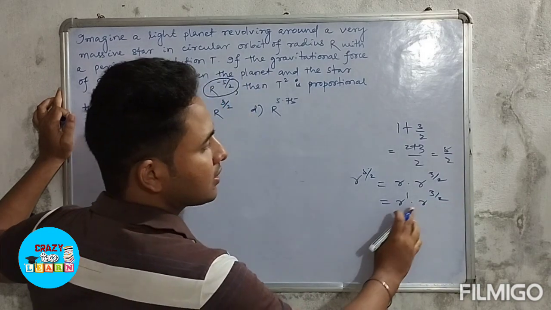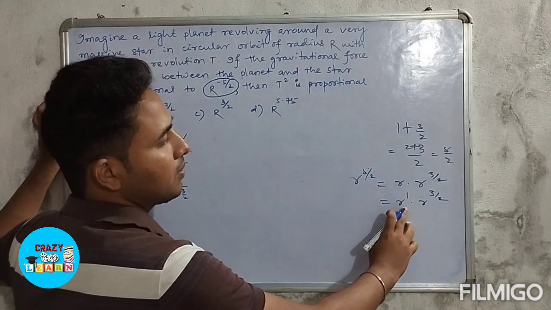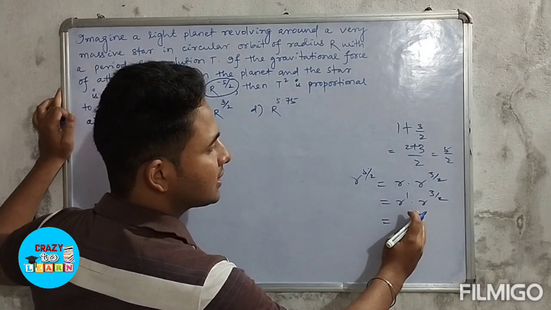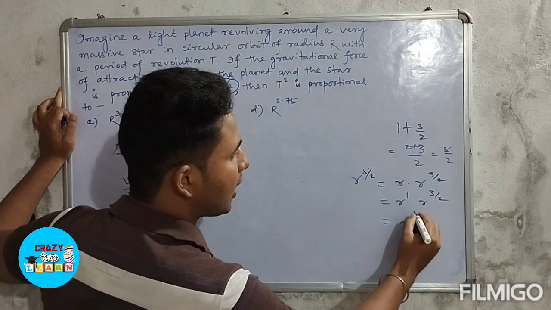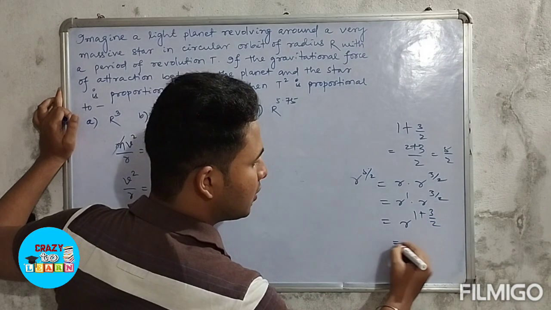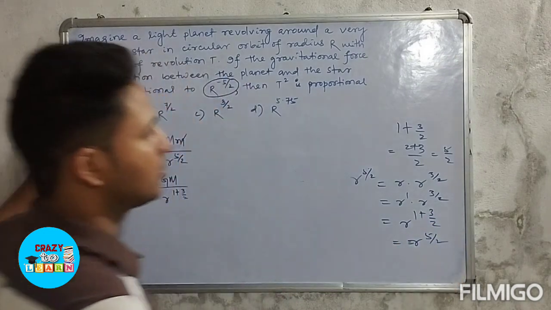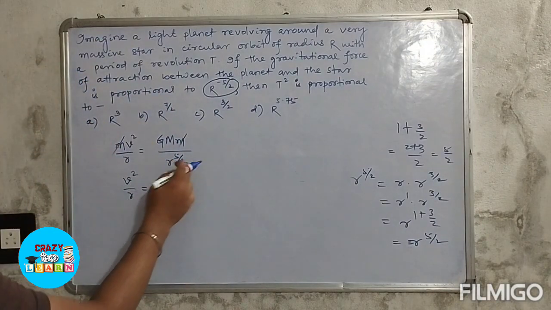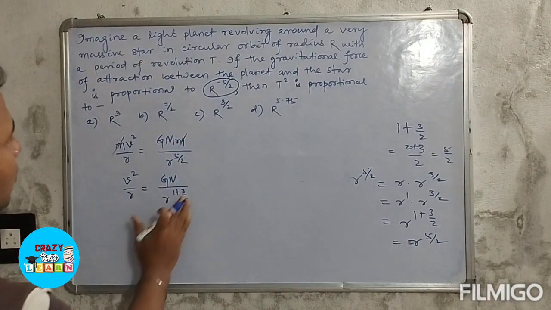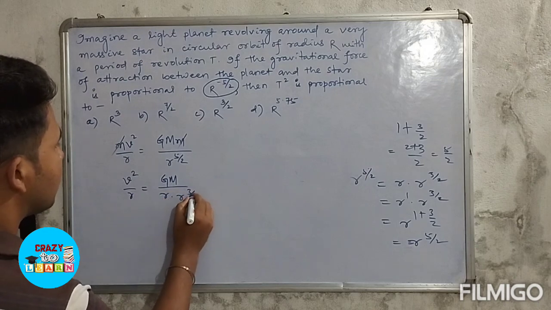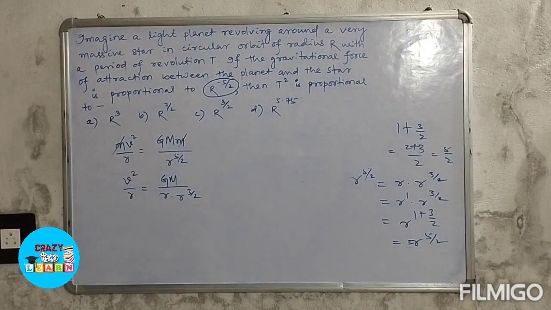When powers are multiplied with the same base, the powers will be added. So r power 1 plus 3 by 2 will be r power 5 by 2. So in the place of r power 5 by 2, I can write here r into r power 3 by 2.